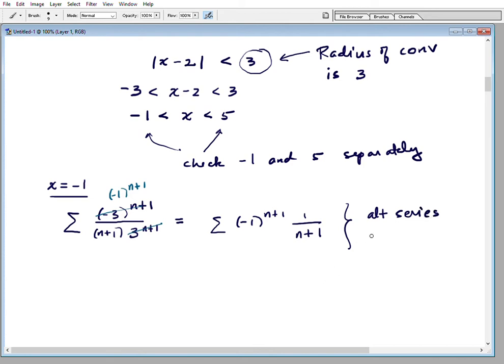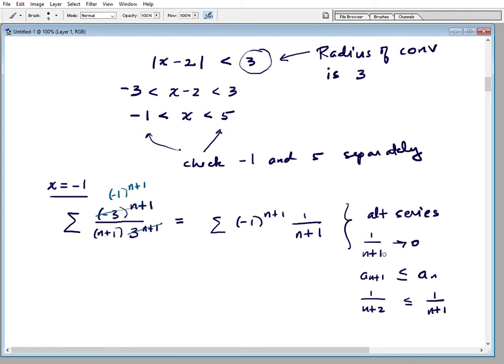The terms go to 0, and each term is less than the one before it: a_(n+1) is less than or equal to a_n, or in this case, 1/(n+2) is less than or equal to 1/(n+1).